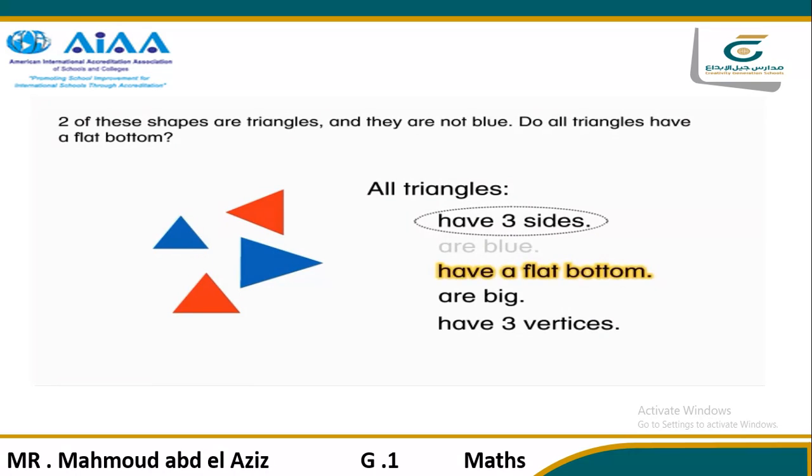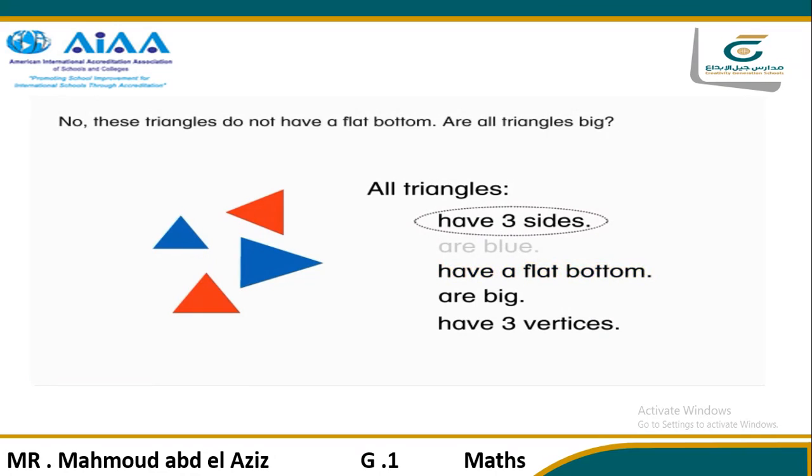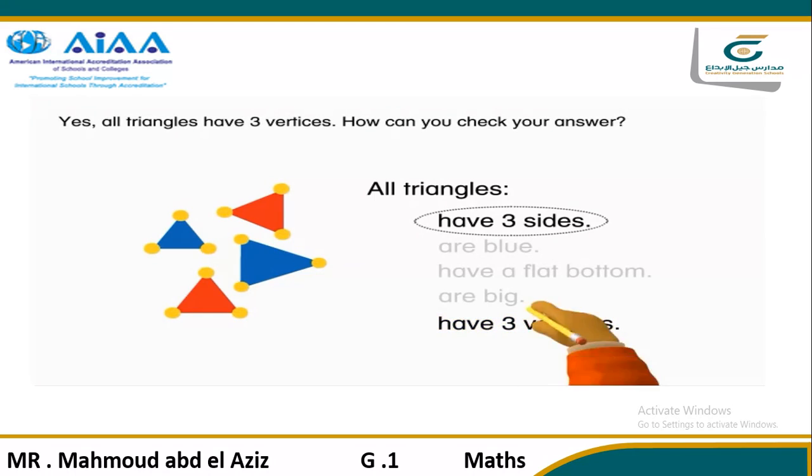Do all triangles have a flat bottom? No, these triangles do not have a flat bottom. Are all triangles big? No, triangles can be any size. Do all triangles have 3 vertices? Yes, all triangles have 3 vertices.